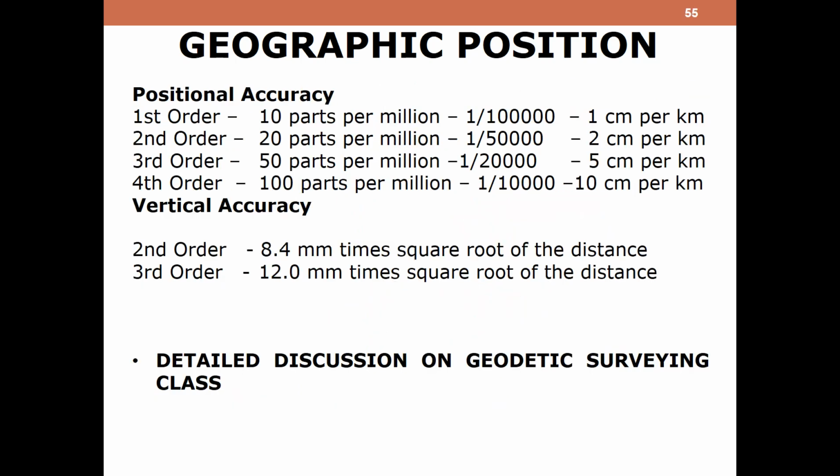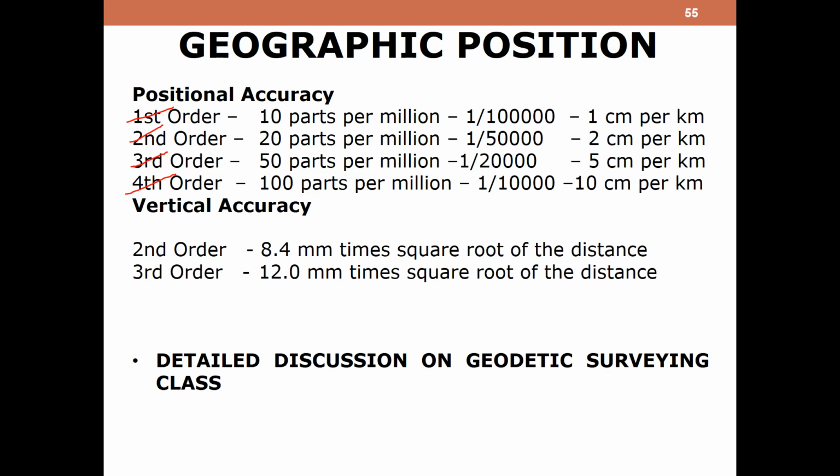This is the positional accuracy for PRS 92. First order is 1:100,000, second order is 1:50,000, third is 1:20,000, and fourth order is 1:10,000.